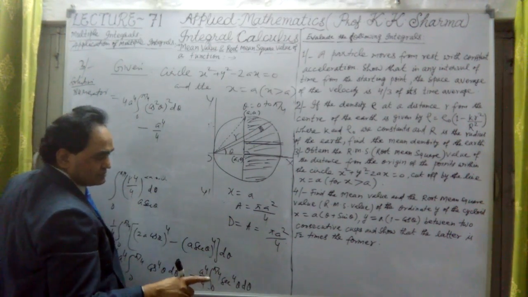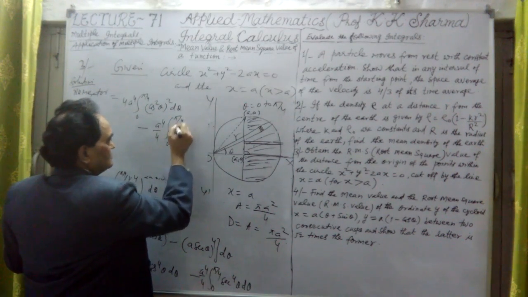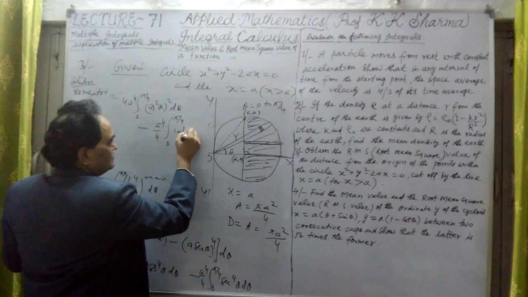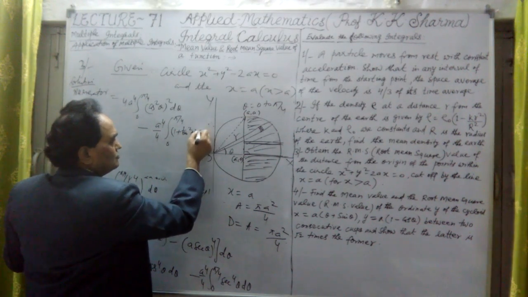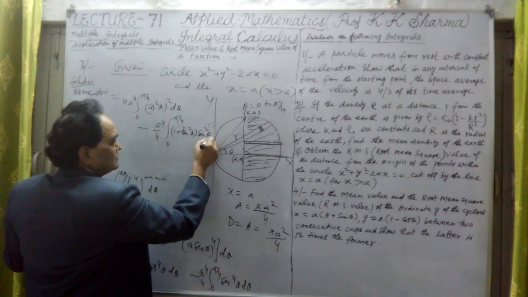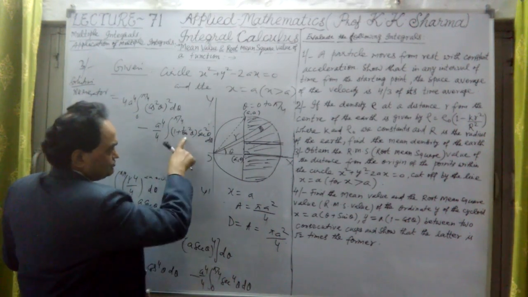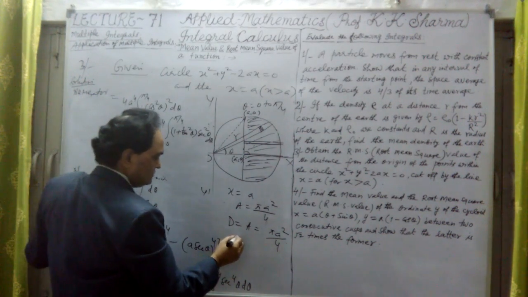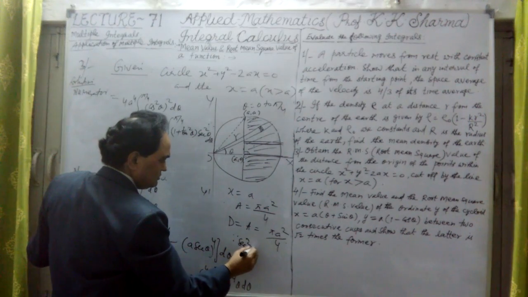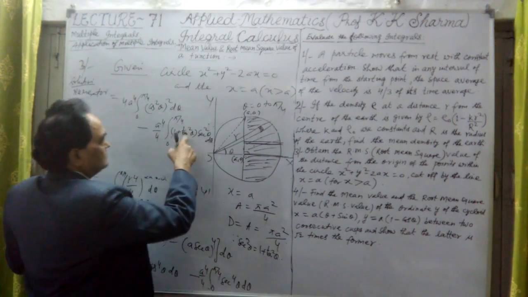Now sec square theta can be written as 1 plus tan square theta. So sec to the 4 theta can be written as sec square theta into sec square theta, since sec square theta is equal to 1 plus tan square theta. This we have right here.